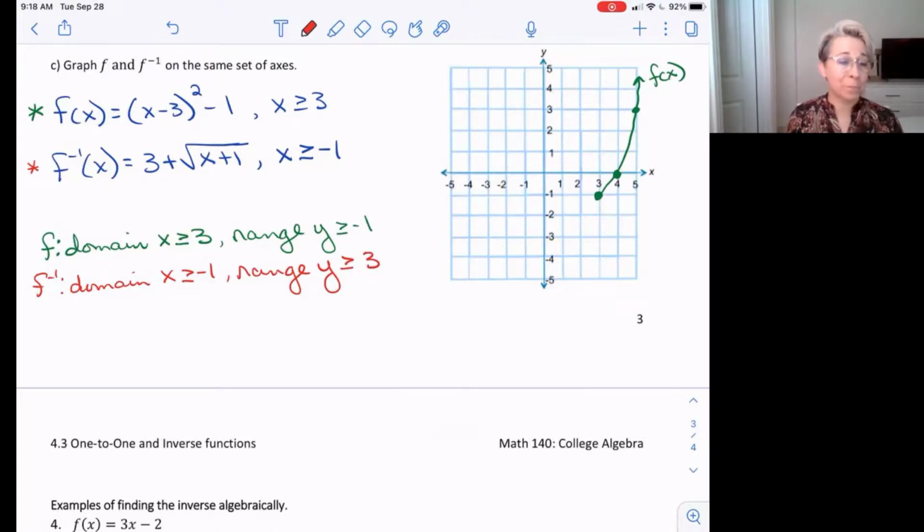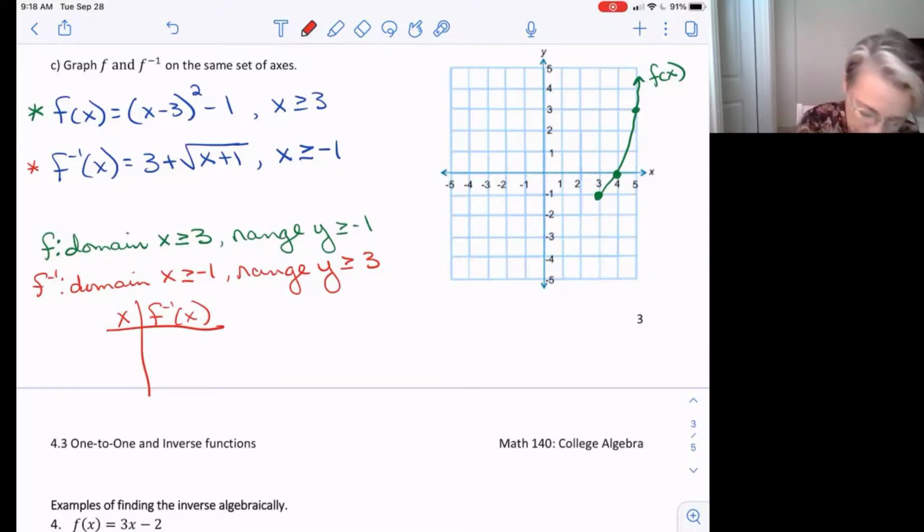Kind of cool, right? Let's choose some values for the f inverse. We've already graphed f. So if we have x values and f inverse values, remember if one has the point AB, the other one has the point BA. And also I want that square root to come out to be a nice perfect square. So let's choose some numbers wisely.